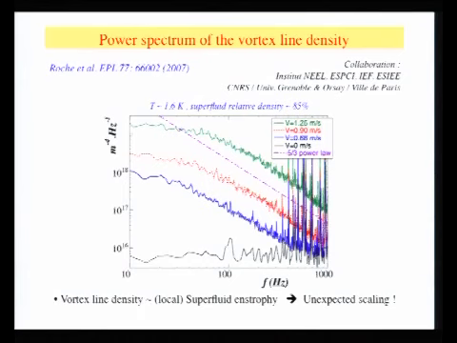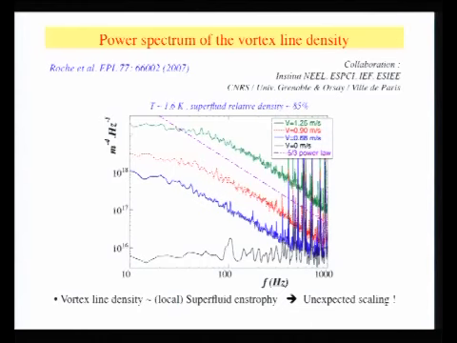Last year, some measurements were published in which the power spectrum of the vortex line density was presented. On this plot, as a function of frequency, you can see without any flow the noise baseline. When you increase the velocity and the Reynolds number, there seems to be a power law which is compatible with Kolmogorov.